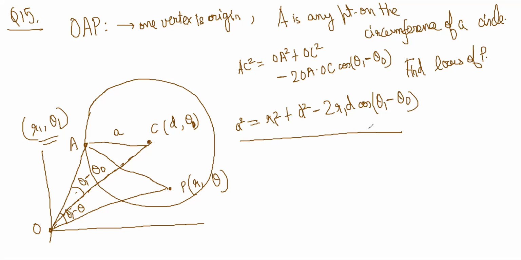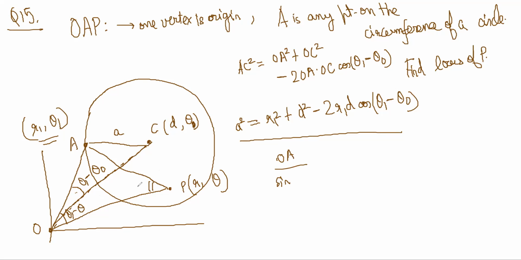And in triangle OAP, what we can say is the sine rule: OA by sine of this angle, this angle will be what?